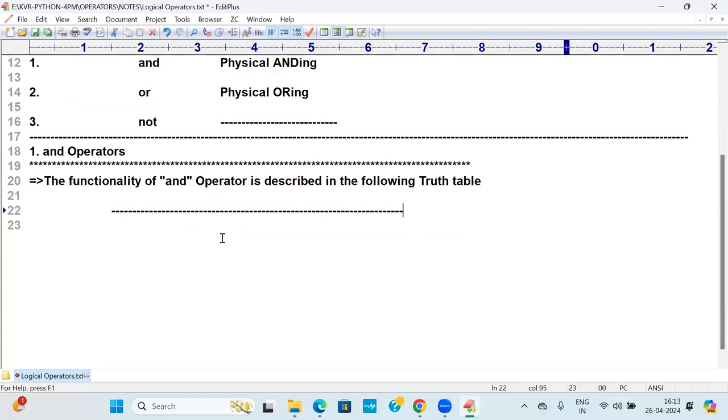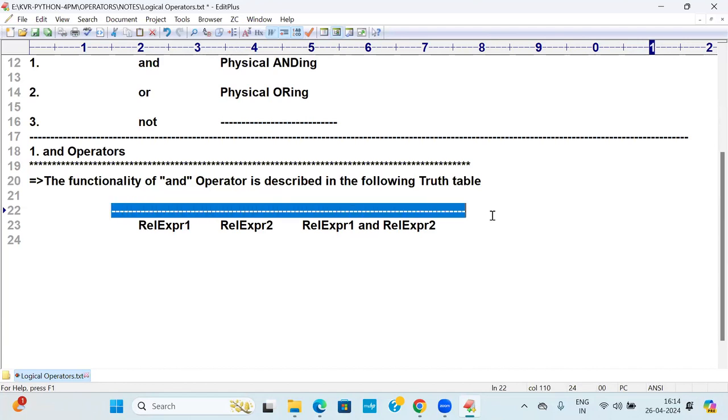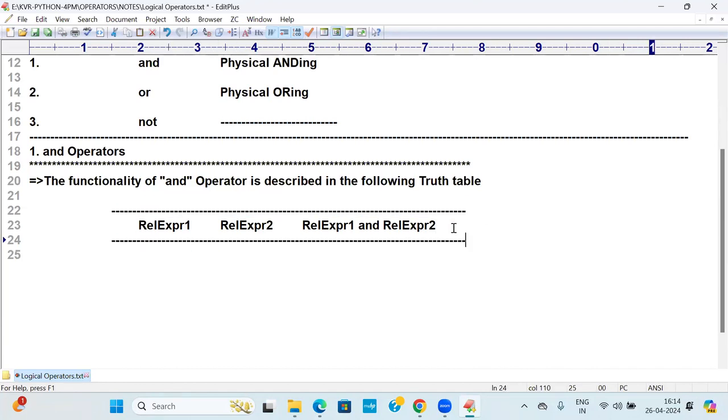Here is relational expression 1, and here I'm writing relational expression 2. So I would like to take up relational expression 1 and 2.